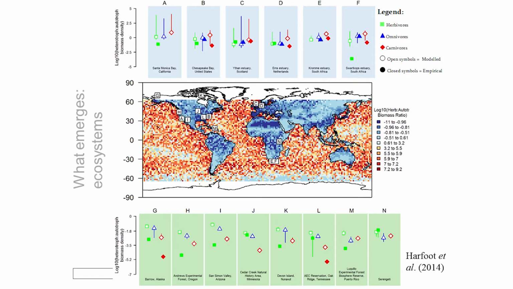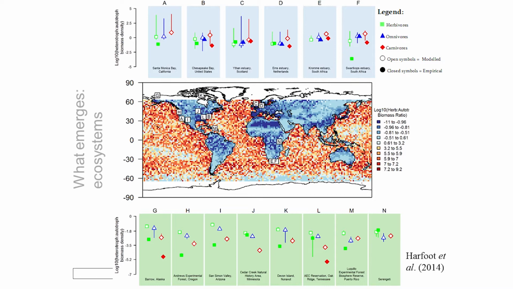And we're comparing here the ratio of the animal biomass to the plant biomass for different trophic levels, green being herbivore, blue omnivore, and red carnivore, where the open symbols are the model predictions, with the symbol being the median of an ensemble of 10 simulations, and the line being the maximum and minimum values. And then the closed symbols are the empirical data with some uncertainty, again the maximum and minimum range, where there was more than one observation available.